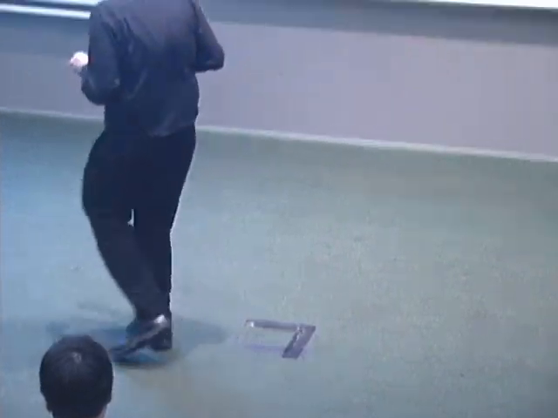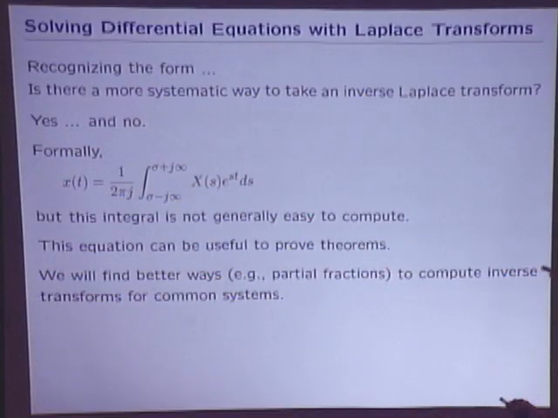So I'll just mention that there is a formal way of not doing table lookup. For the kinds of problems we will look at, using this formula is so much more difficult than table lookup that we will never use that formula. Okay? It will be useful for proving things.